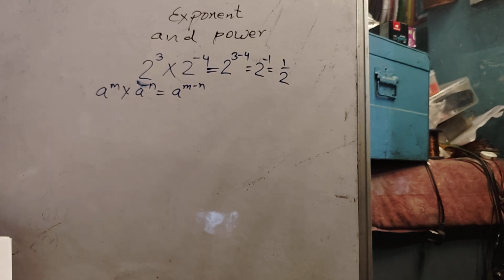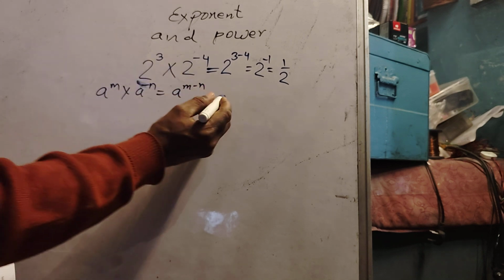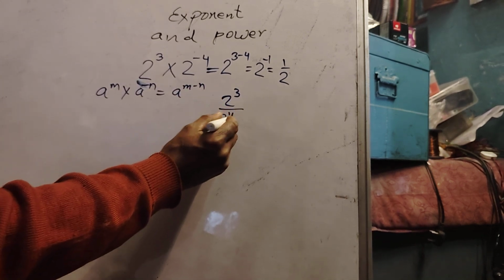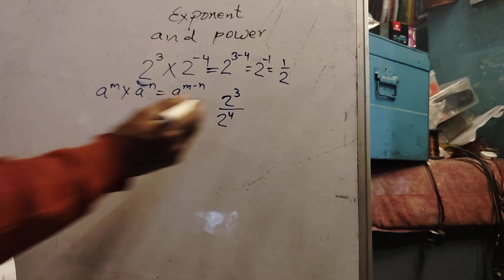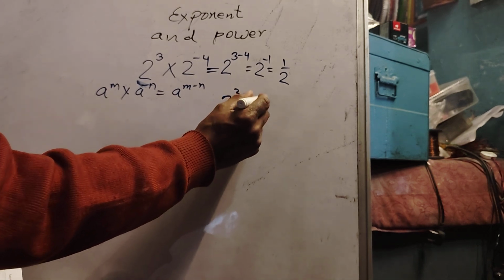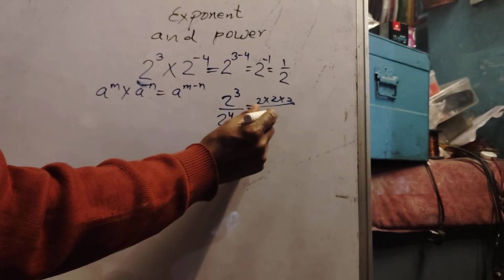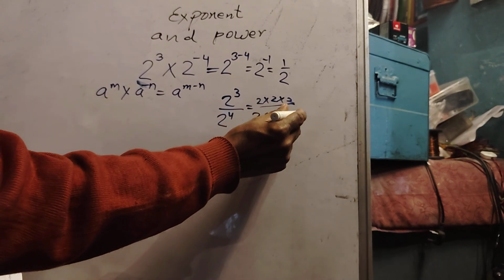Or, according to yourself, you can say 2 power 3 over 2 power 4. 2 power 3 means 2 into 2 into 2, 3 times. 2 power 4 means 2 into 2 into 2 into 2, 4 times.